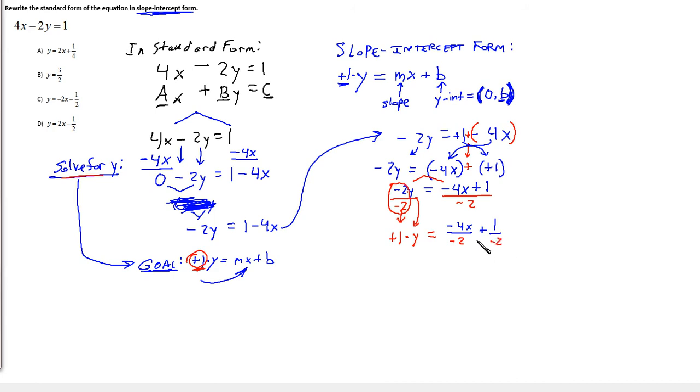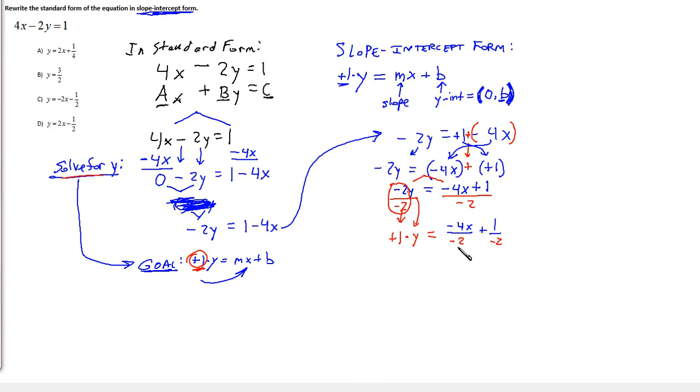It's as if these were two fractions that were being added together. They have a common denominator of negative 2. I mean, we could go back up and these two would come together as this larger rational expression, fractions with a variable we call a rational expression.